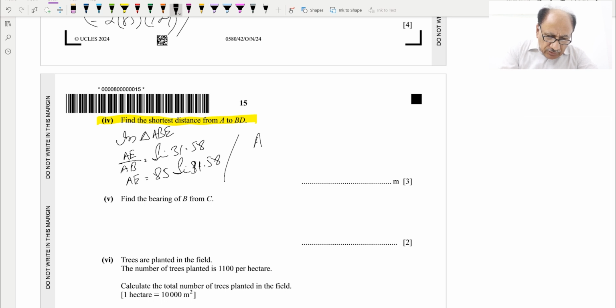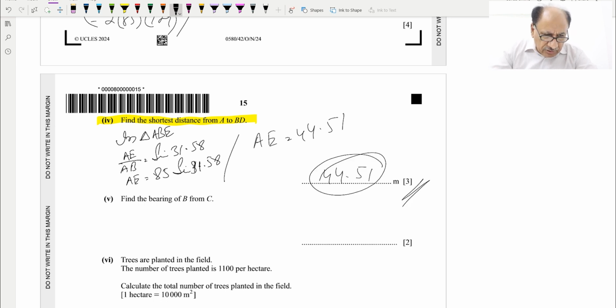So AE is equal to 44.51 meters. This will be our answer for 3 marks.